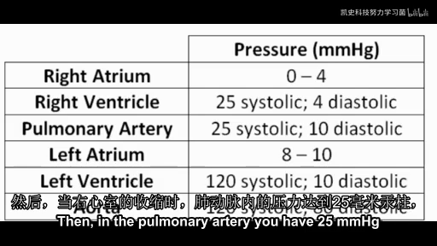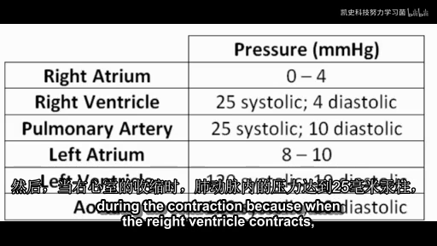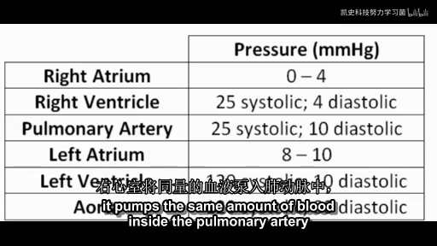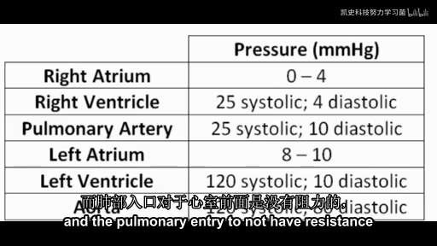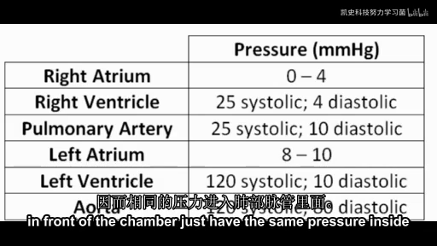Then in the pulmonary artery, you have 25 millimeters of mercury during the contraction, because when the right ventricle contracts, it pumps the same amount of blood inside of the pulmonary artery, and the pulmonary artery does not have resistance in front of the chamber.